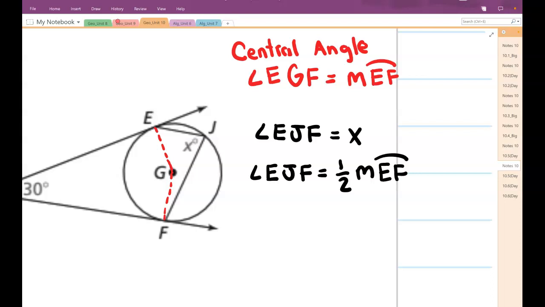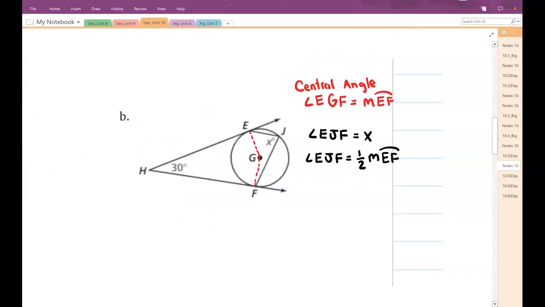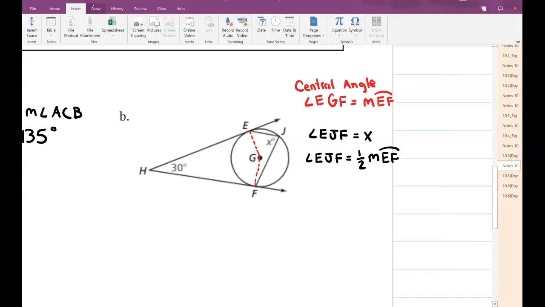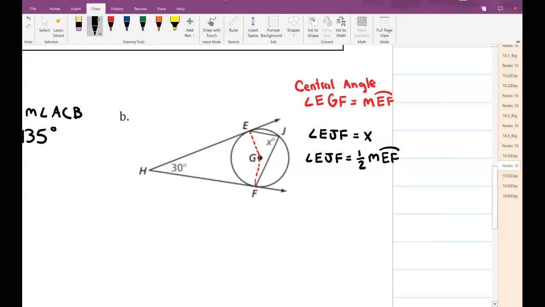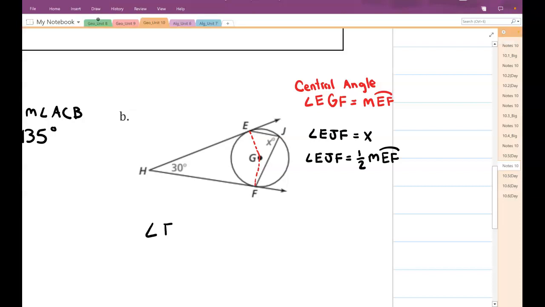And to find this angle measurement here, we can use our circumscribed angle theorem. We fill in what we're trying to find. We'll do it here at the bottom now. It would be our circumscribed angle, so angle EHF is equal to 180 degrees minus whatever our central angle is.